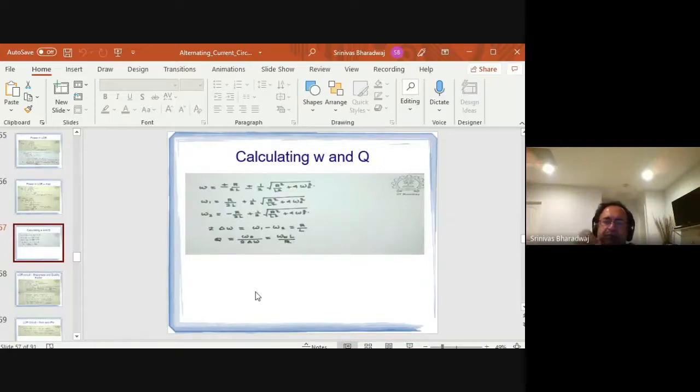So now omega 1 minus omega 2, that R by 2L is delta omega, right? So omega naught by 2 delta omega, you will end up with omega naught L by R, which is the quality factor, right? So that is an indicator of how sharp that band pass is.